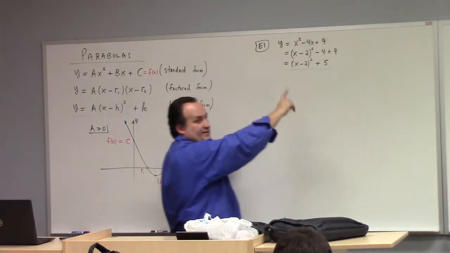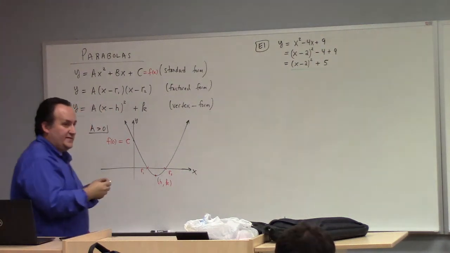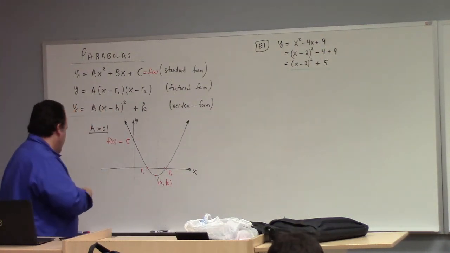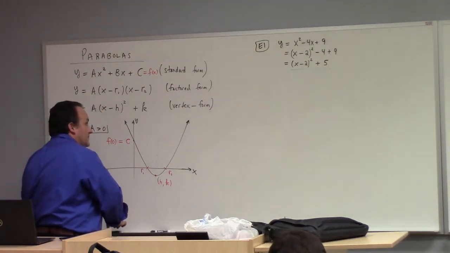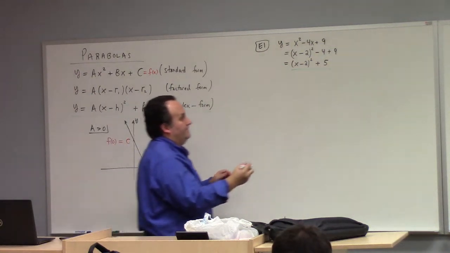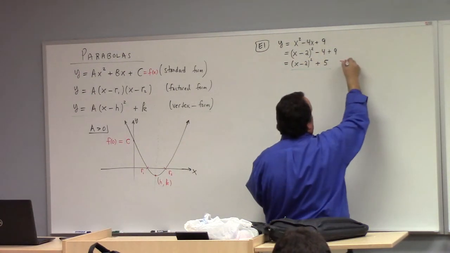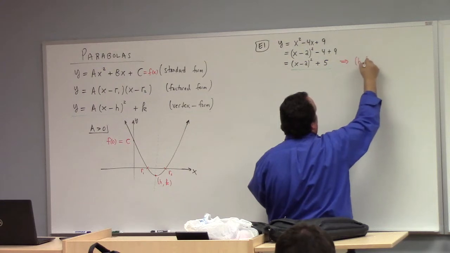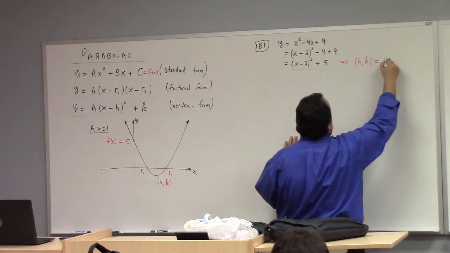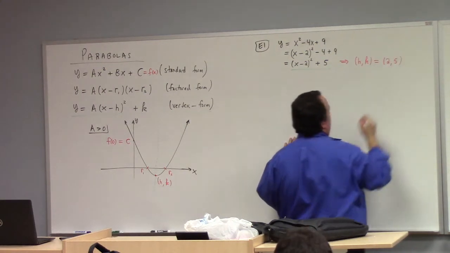So compare. Match the pattern. What do you see? h equals what? So h comma k equals 2 comma 5. The vertex is at 2 comma 5.